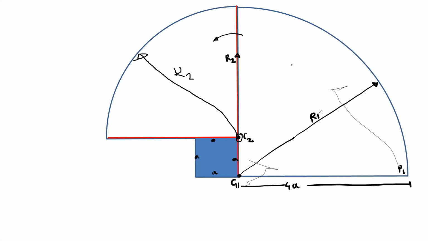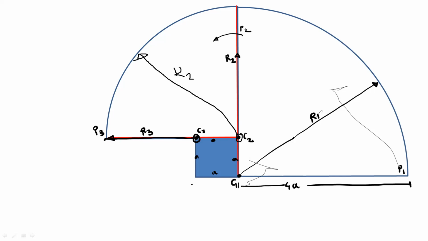Take this as P1, this is P2, then this is P3. Now this center C2 will shift to C3, and the new radius is R3. So with R3, you have to draw the remaining involute.